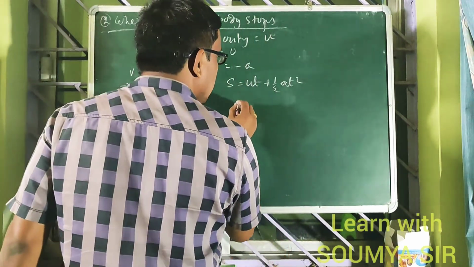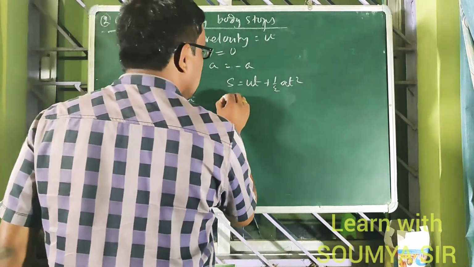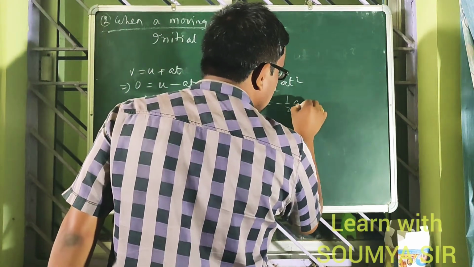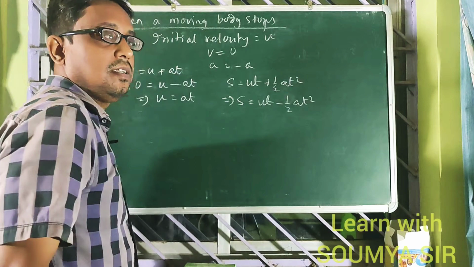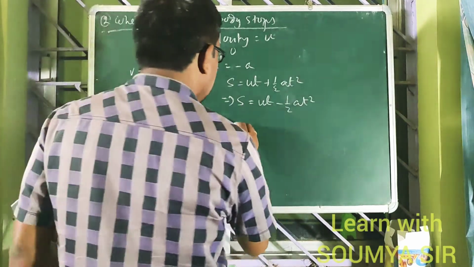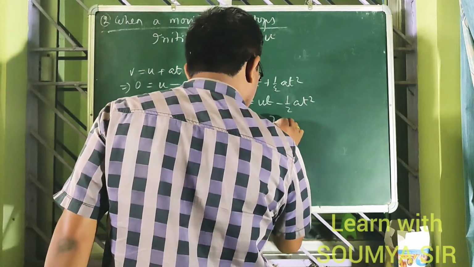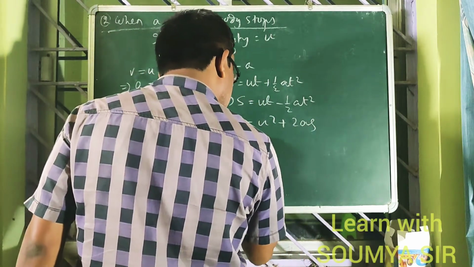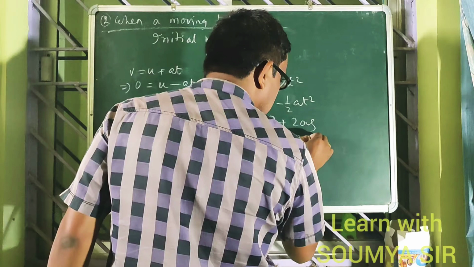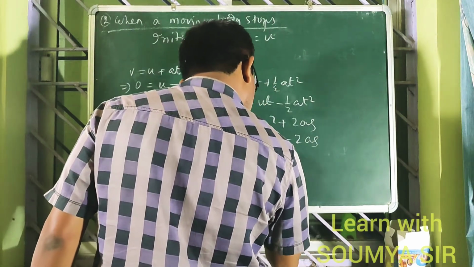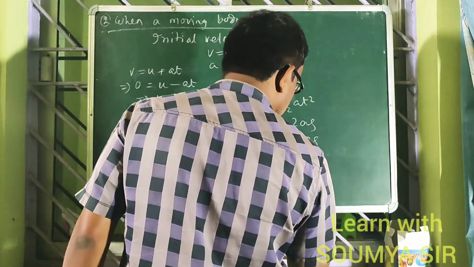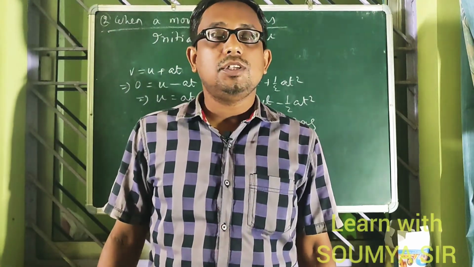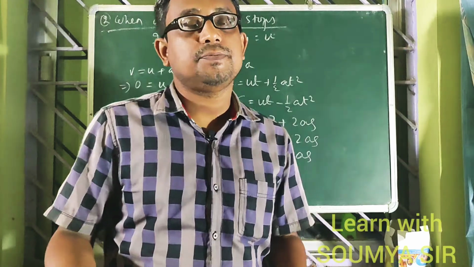Here u is there, s is equal to ut minus half at square because here a is negative. Third, v square is equal to u square plus 2as. Here v is equal to 0, which implies 0 is equal to u square minus 2as, or u square is equal to 2as. This is the equation of motion of a body which is moving and comes to rest.